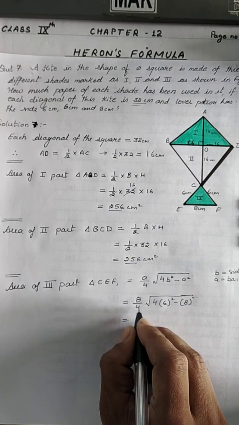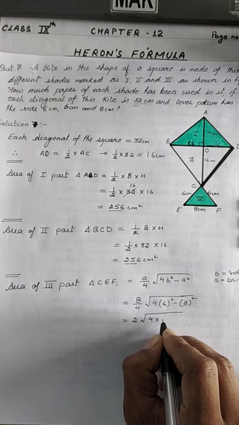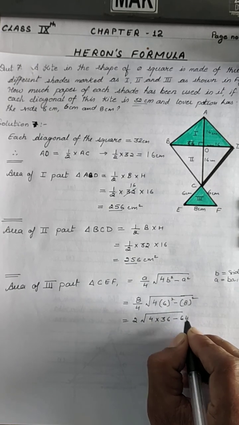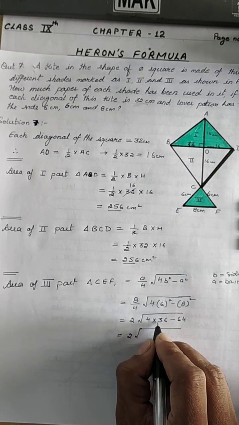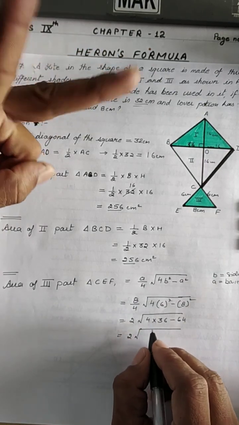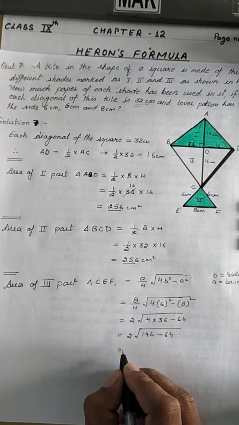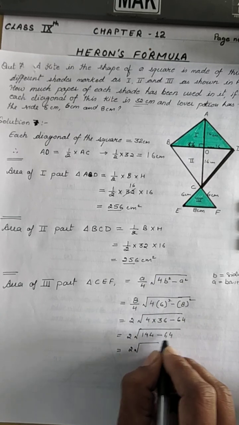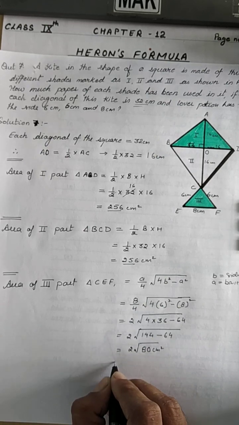Now the 4 cancels, so it is 2 under root 4 times 36 minus 64. 4 times 36 is 144, minus 64. Now it is 2 multiplied by the root of the subtraction, which gives 80 centimeter square.